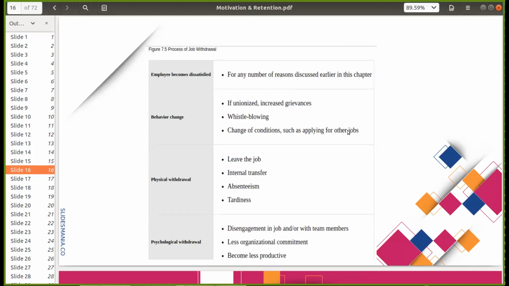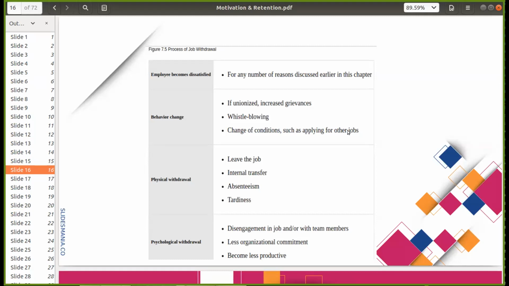Then yan na, nagsimula na siya mag-apply ng ibang trabaho, no? Then sa physical withdrawal, iwanan niya yung trabaho niya, lilipat sa ibang department, tatambay doon, or di kaya naman try niyang magpalipat sa ibang department, no? At madalas na siyang, pag hindi na ilipat, madalas mag-absent or malate.